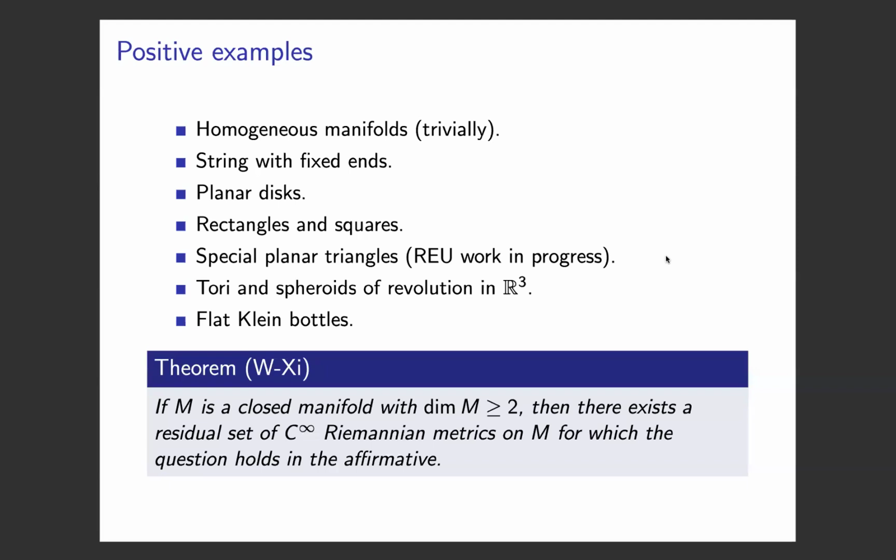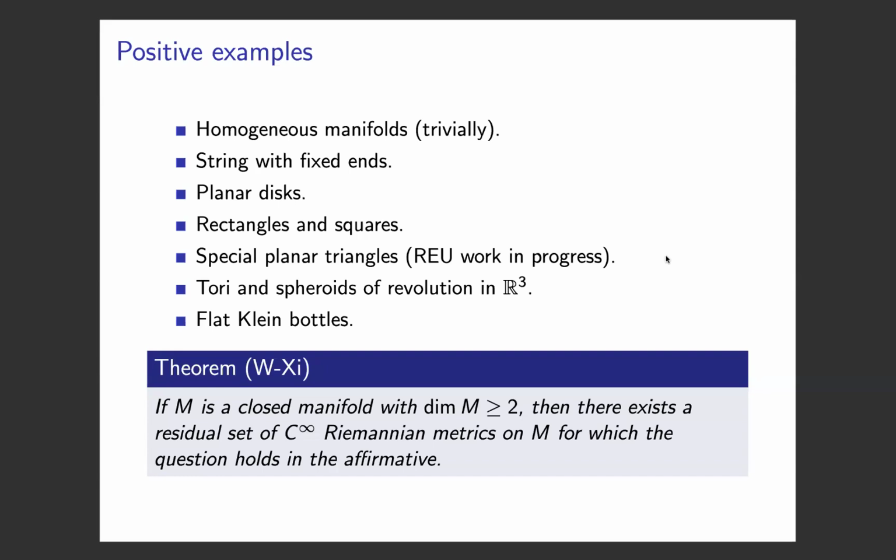Hopefully that should be appearing this fall sometime. Tori and spheroids of revolution in R3, you can hear the scalar curvature, or rather the sectional curvature, because they're two-dimensional. And that's enough to identify a point up to symmetry. And also flat Klein bottles, you can hear where those are struck as well. So these are all the positive examples we have.